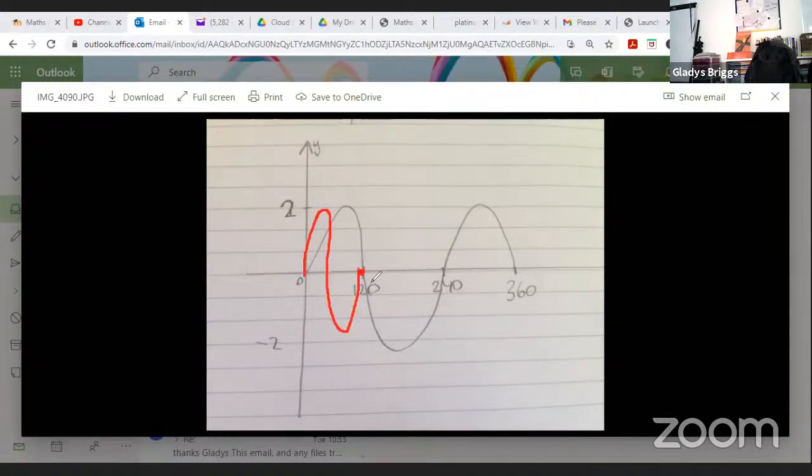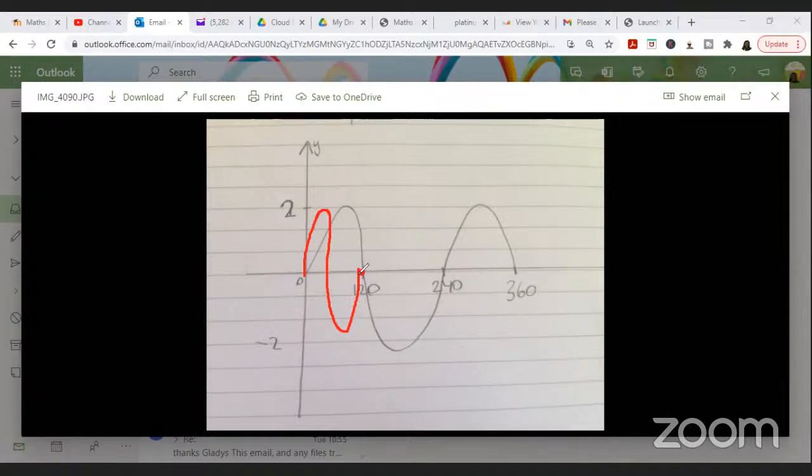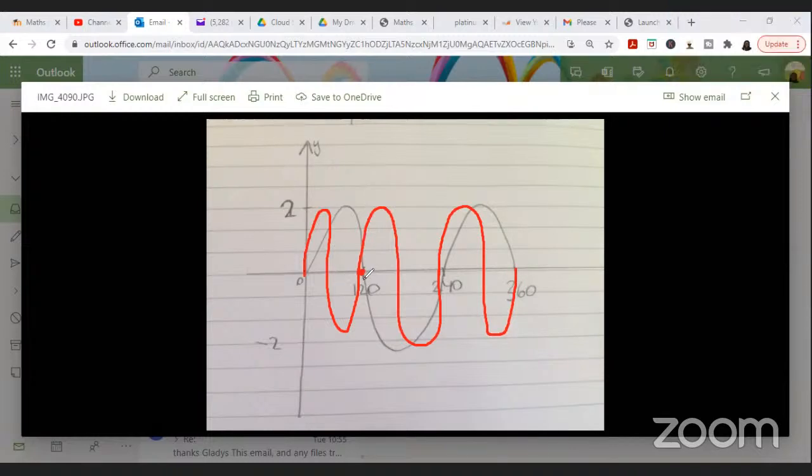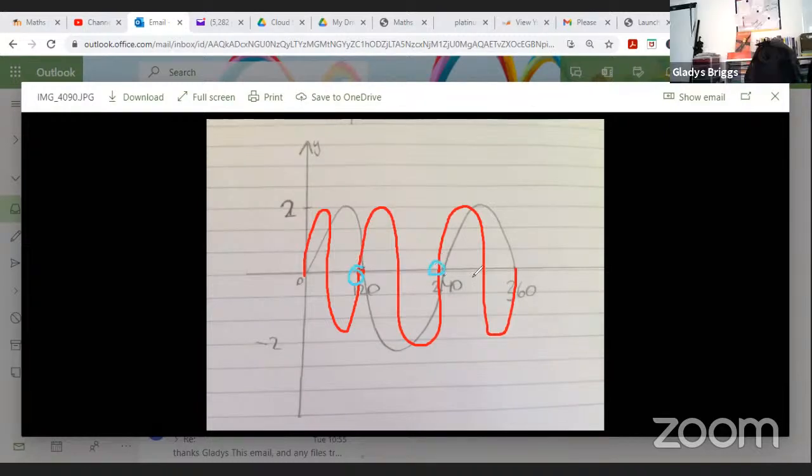By the time you get to 240, you should have completed another cycle. That's 2 cycles now. By the time you get to 360, you should have completed another cycle. That's 3 cycles. So this is 1 cycle, 2 cycles, and this is your 3rd cycle.